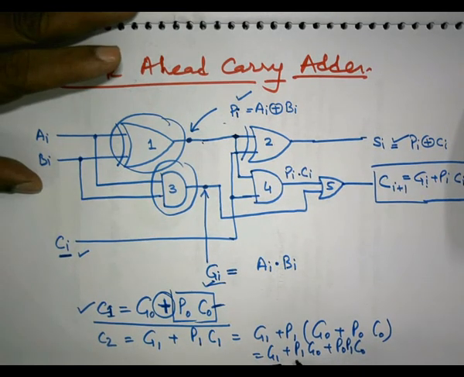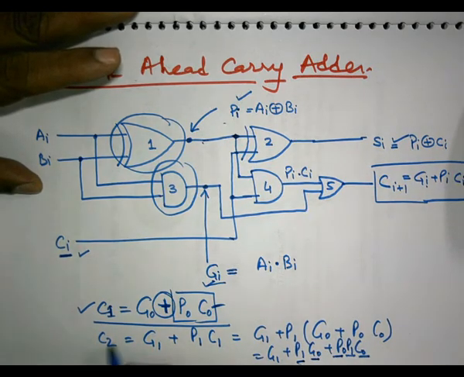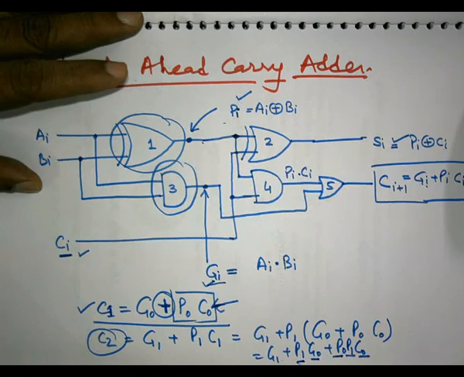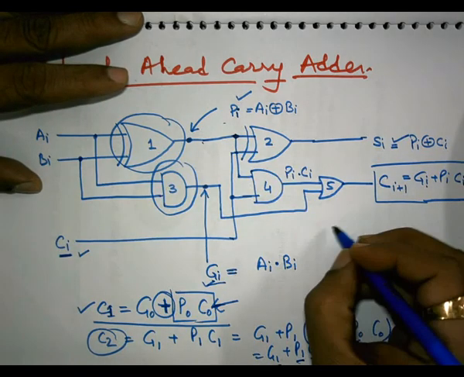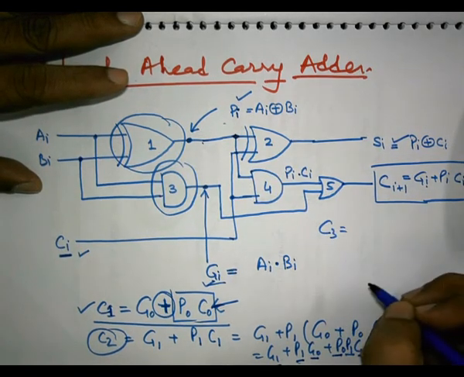Getting my point? You don't have to wait for the generation of this P1. You don't have to wait for the generation of G0, and you don't have to wait for the generation of P0, P1 and C0 itself. So C2 is also generated at the same time C1 was generated. Getting my point?